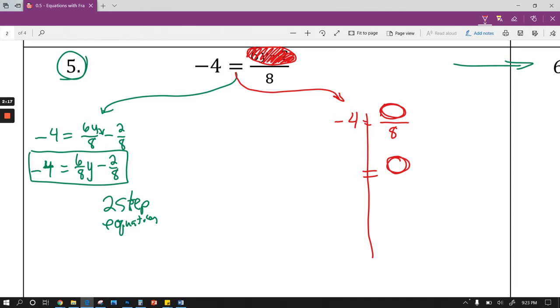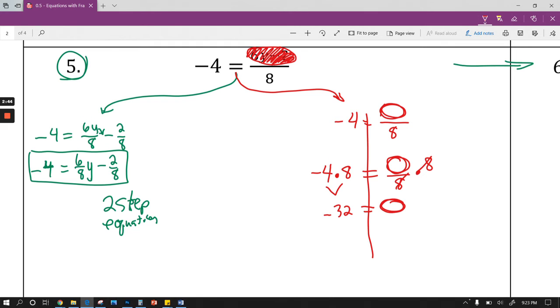that means we need to do our inverse operation. So the inverse of dividing by 8 is multiplying by 8. I'm going to take this left side and multiply that by 8 as well. So we have -4 times 8, which is equal to -32. And that is going to equal the big red blob, and divided by 8 times 8 cancels out. So those cancel out to 1.